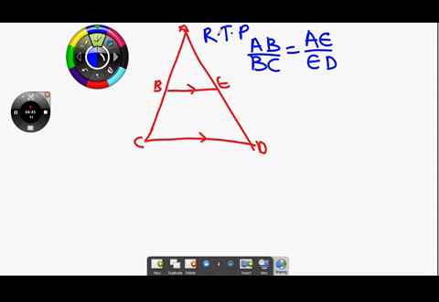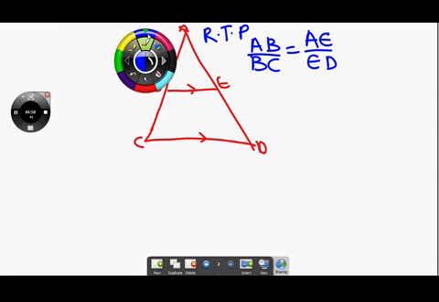The secret towards proving this is by using the areas of a triangle. How do we use the areas of a triangle? There is one basic fact that we must remember.